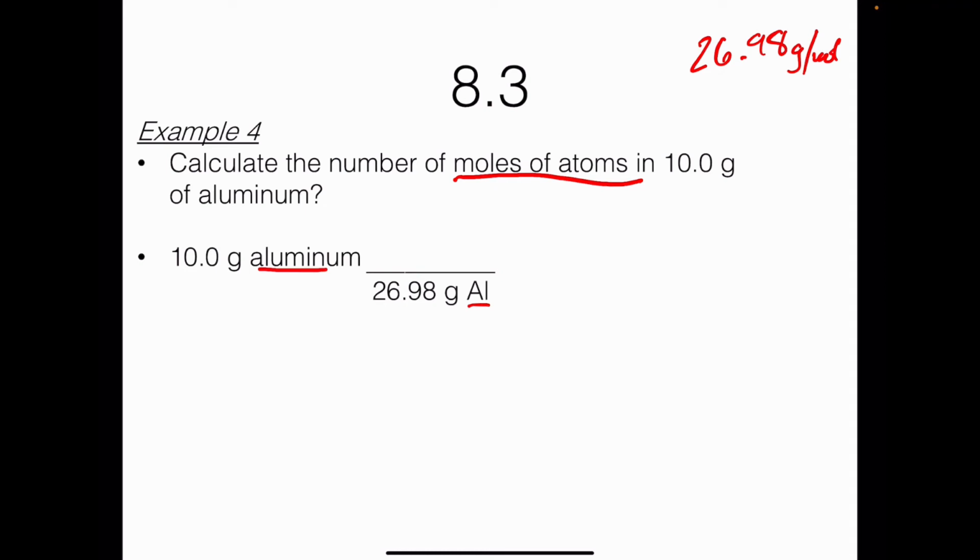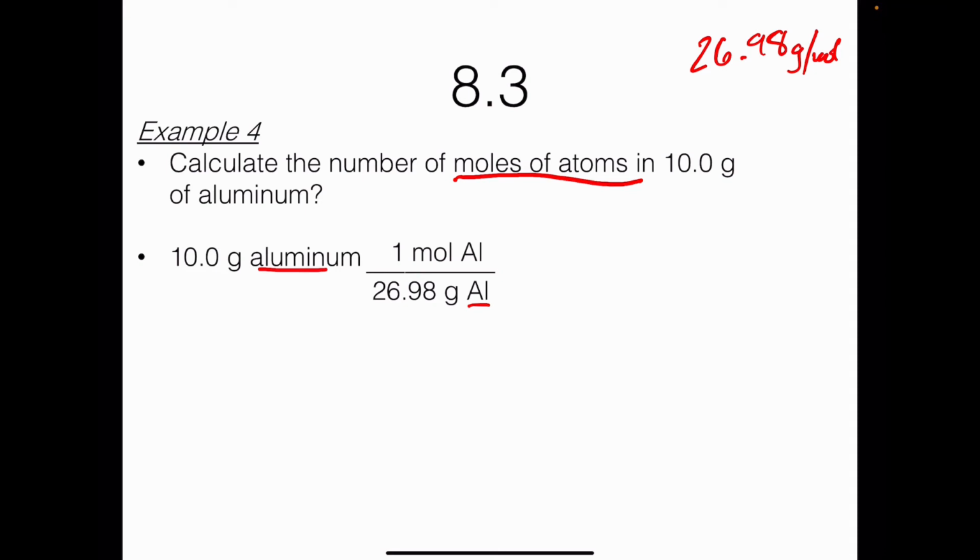So it's okay to change between the name and the symbol as long as you're sure that they match. So this 26.98 grams per mole, 26.98 grams on the bottom, 1 mole on top. In this case, I can stop here because I was asked to calculate the number of moles of atoms, which means I'm multiplying 10 times 1 on top and then dividing that by 26.98 on the bottom.